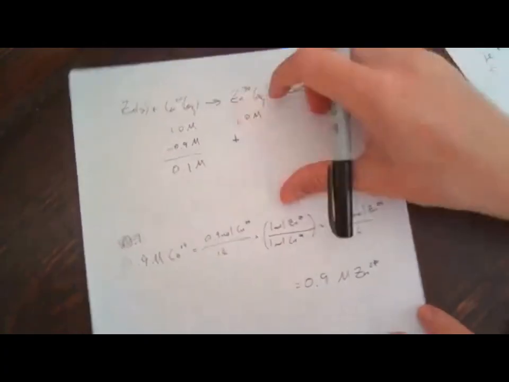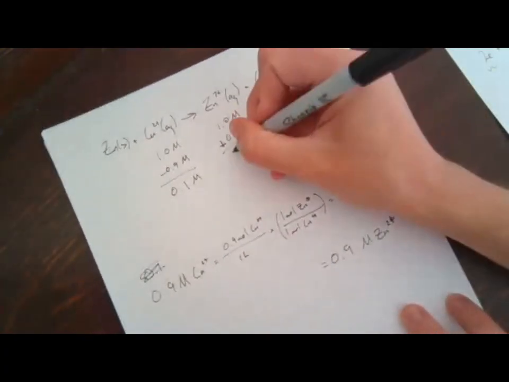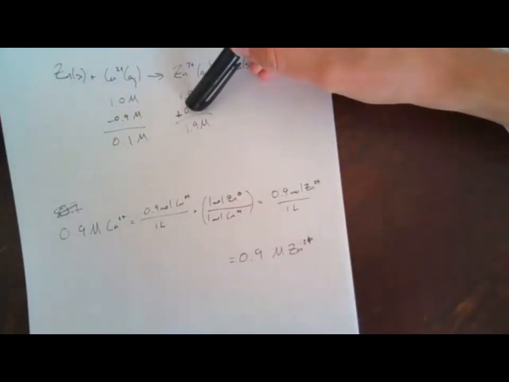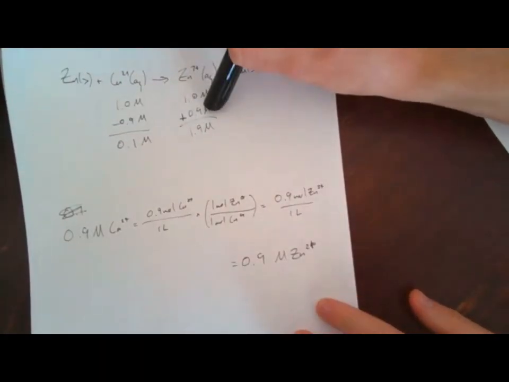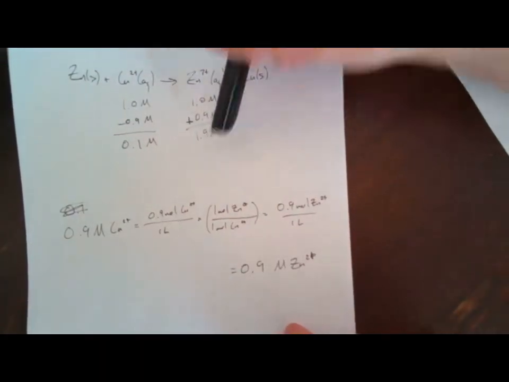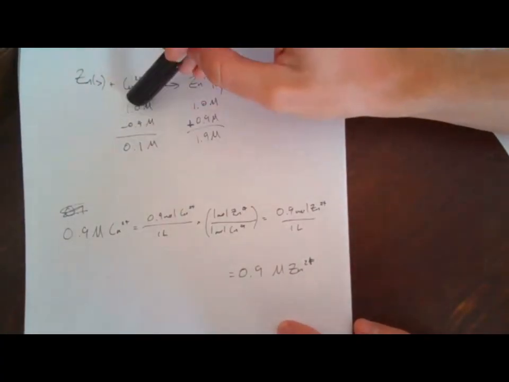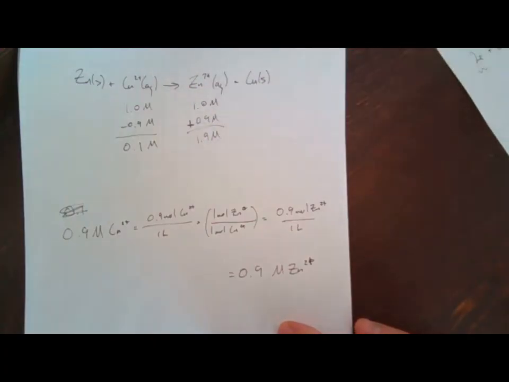But what that means is this concentration goes up by 0.9 molar. So the 0.9 moles that react go right here. This reflects what we instinctively know, that the concentration of reactants goes down and the concentration of products goes up as the reaction progresses.